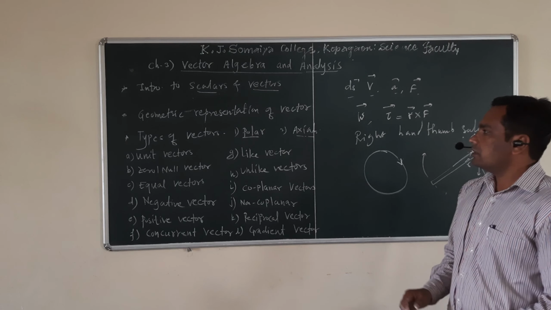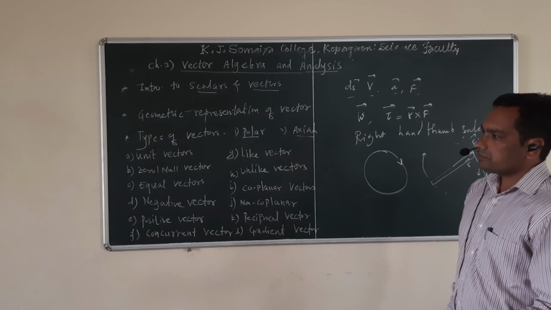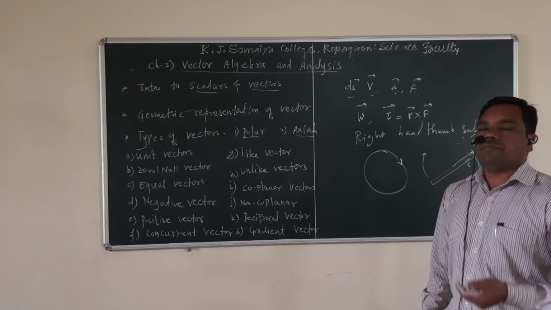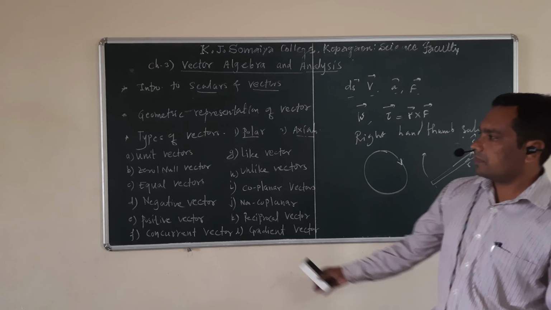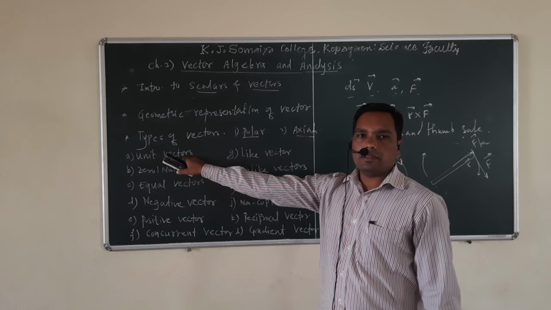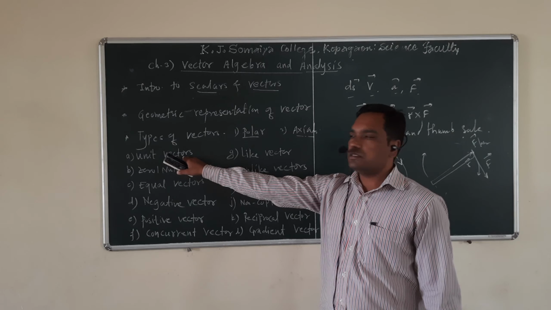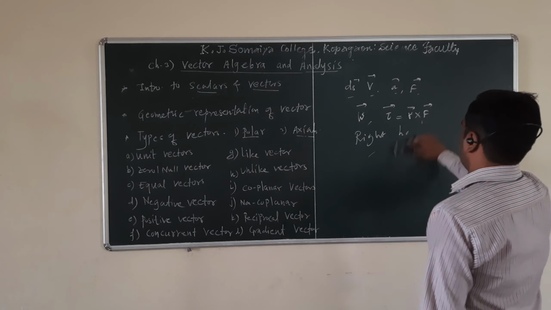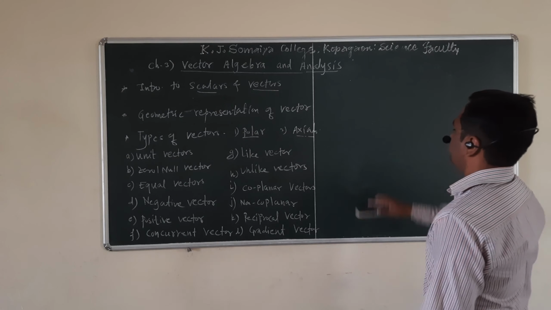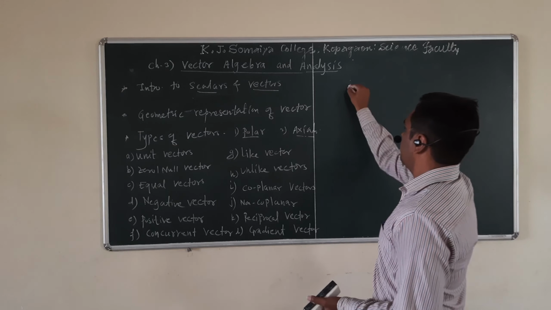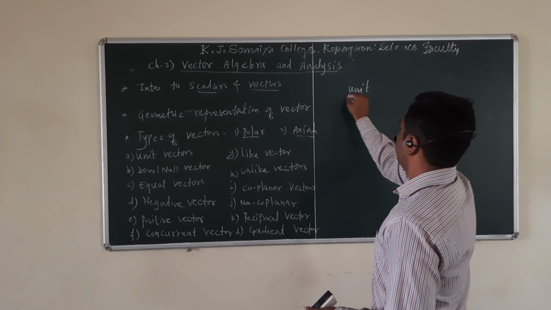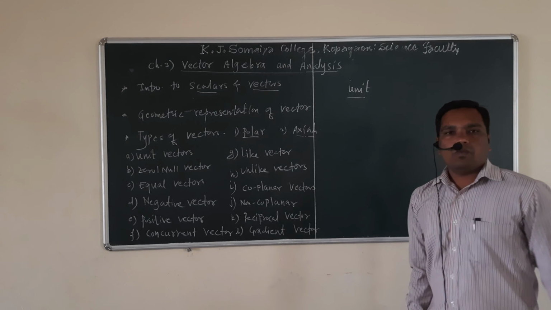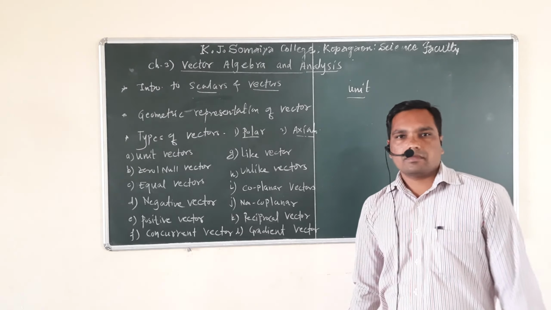Okay, now next, there are many types of vectors. First one is the unit vector. What is meant by a unit vector?